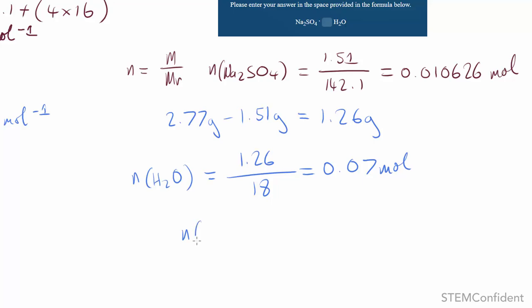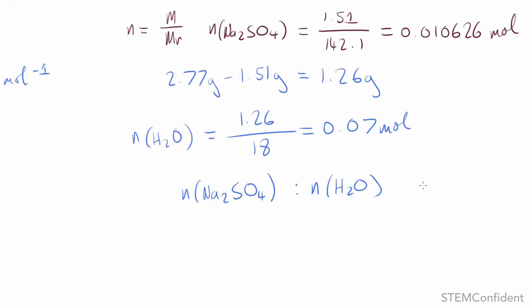So for the moles of Na₂SO₄, and then as a ratio compared to the number of moles of H2O, right?